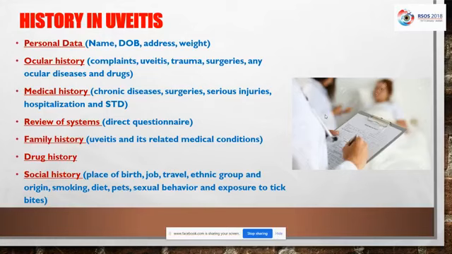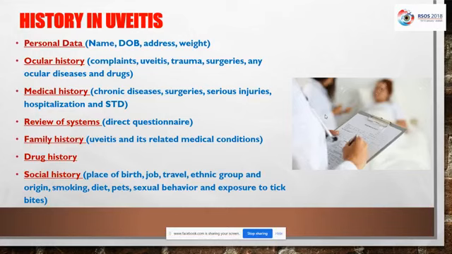The travel, as we mentioned, and the ethnic group, it's very important, like those patients with Behçet disease in the Mediterranean area and those patients with black races with sarcoidosis. So the origin the patient came from is important for excluding specific types of uveitis.